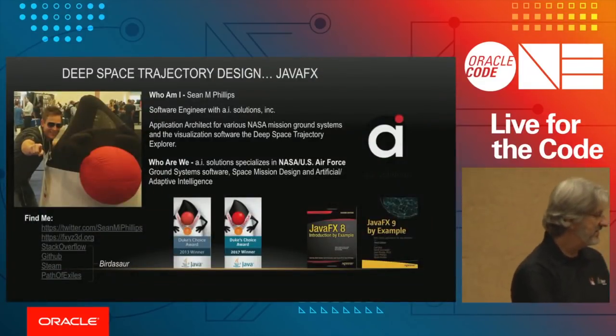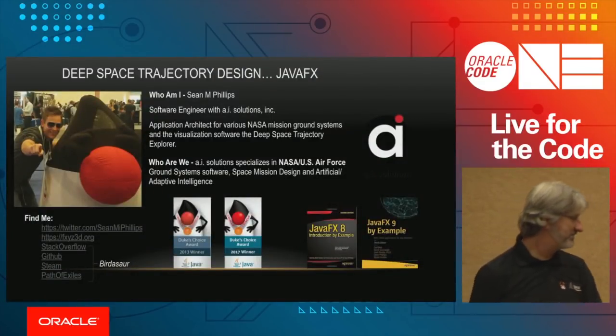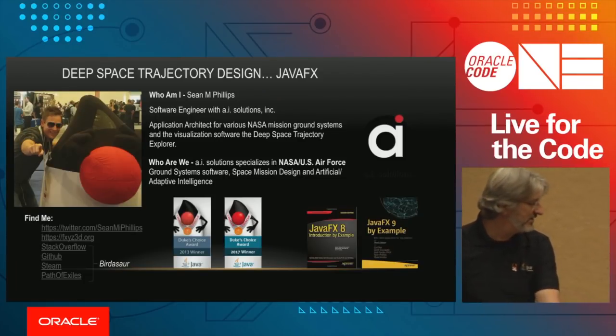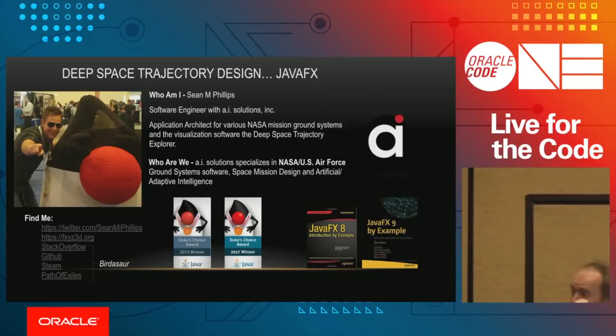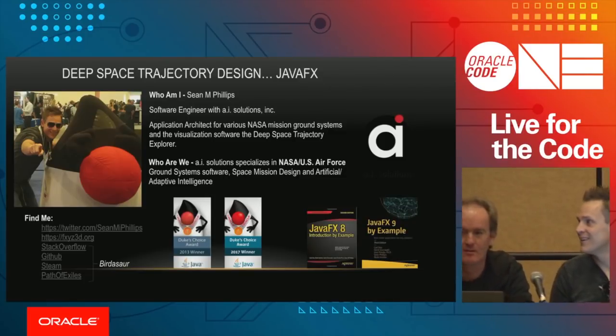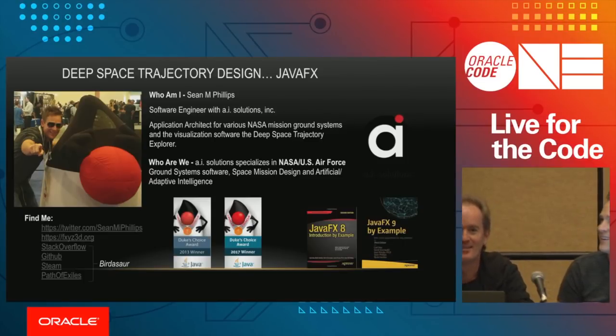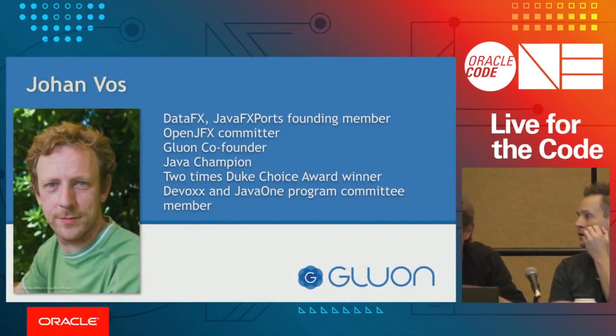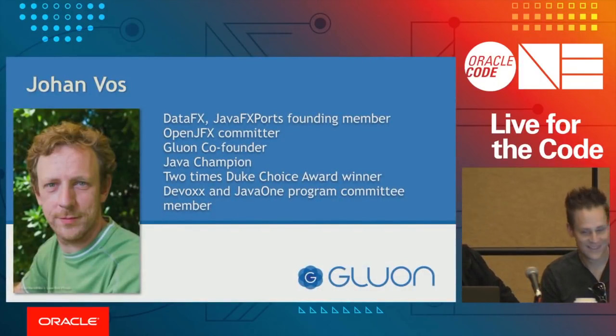So we got Sean, who's doing spacey things with rich client Java, and who's a hardcore fan. If you go to him and tell him to use JavaScript, no, you don't want to do this. Johan was supposed to be here, but due to family reasons, he had to get back.